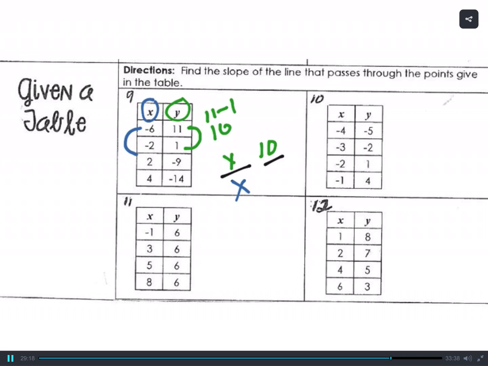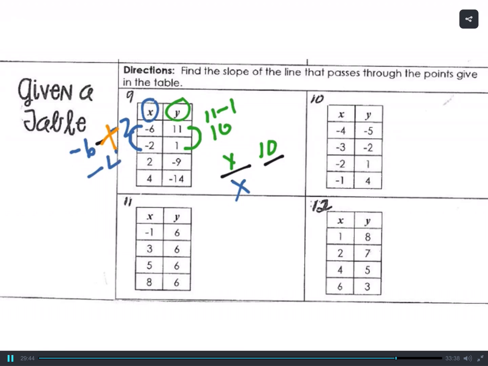All right, now what I'm going to do is, with those same points that match up with the 2 points I used from the y value, or y side of the table, negative 6 minus negative 2, okay? These 2 become a plus sign. 2 negatives together is positive.